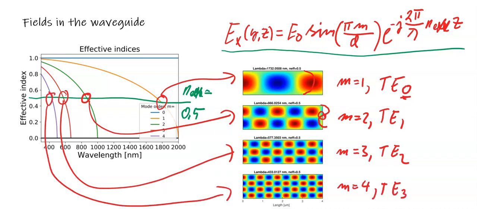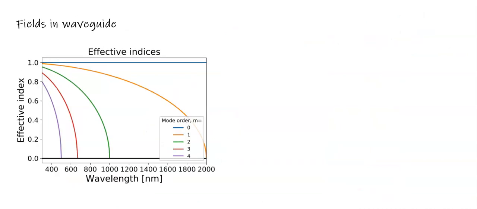Let's take a look how the fundamental or TE0 mode behaves along the wavelength values. We take the effective index values at 1000 nanometers, 1250, 1500, 1750, 2000 and beyond.